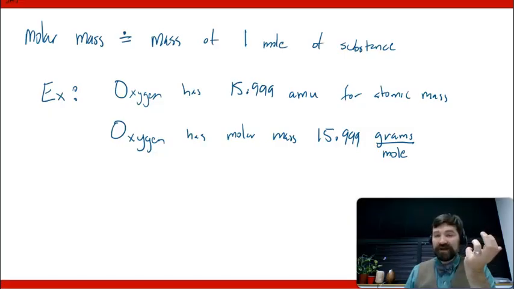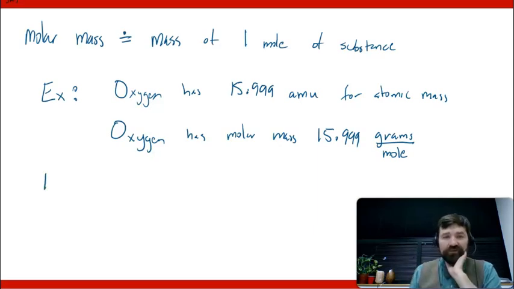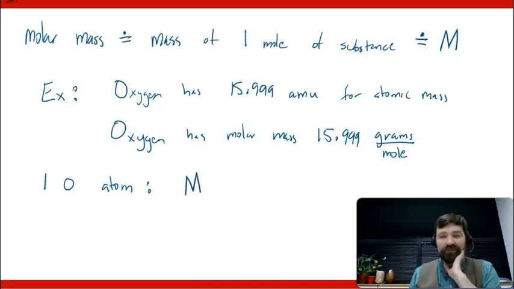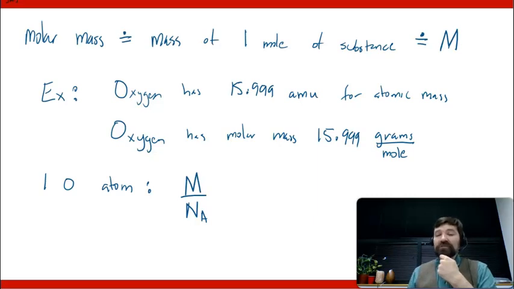And so that in turn lets us get the mass of one oxygen atom. So for one O atom, we have molar mass, and by the way, molar mass we usually represent with a capital M. So we have M, that's grams per mole, and if we divide that by N sub A, Avogadro's number, that's atoms per mole, then we get the mass of one oxygen atom.